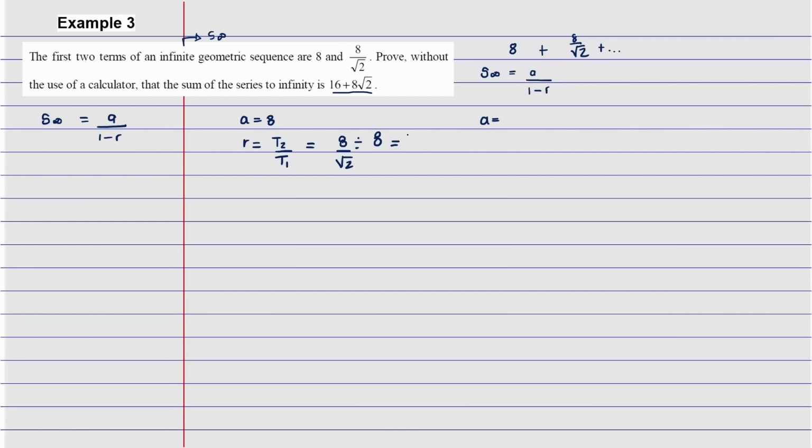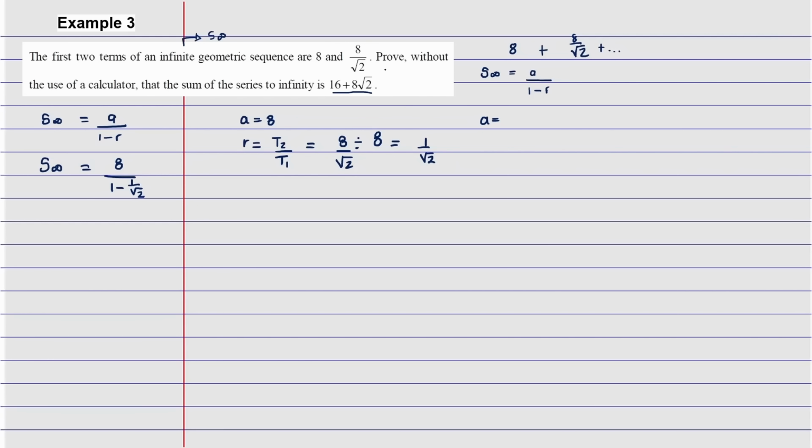Punch that into the calculator, and you're going to get your answer as 1 over root 2. So your r is 1 over root 2. So let's substitute here. It's going to be S to infinity is equal to 8 divided by 1 minus 1 over root 2.